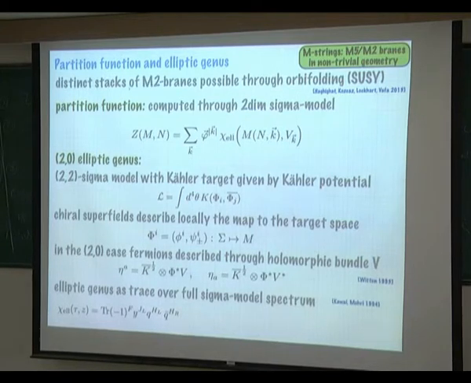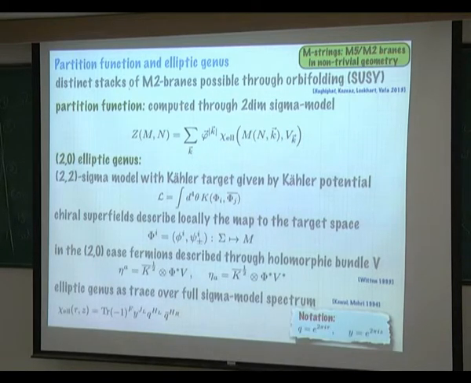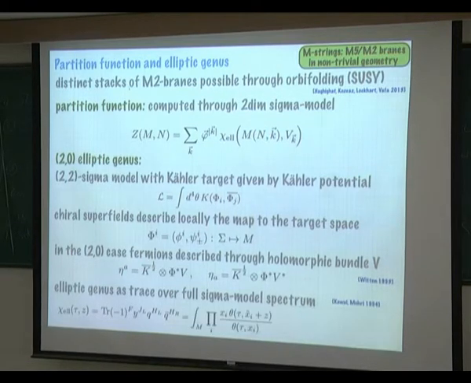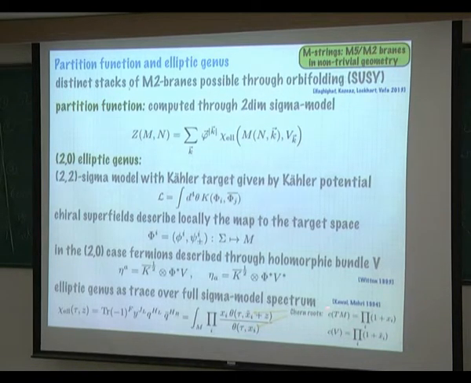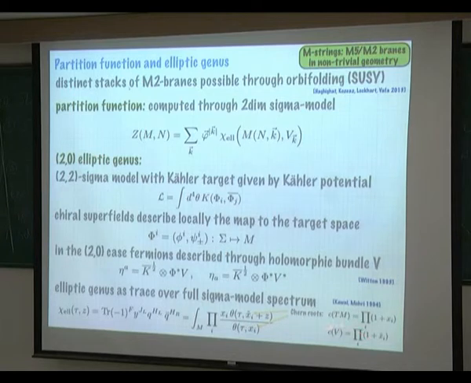The elliptic genus itself can be written as a trace in the usual way, as a trace over this sigma model, where I now introduced q as e^{2 pi i tau} and y as e^{2 pi i z}. And it can be evaluated geometrically as just an integral over the manifold of these theta functions, where the x_i are just the Chern roots, which you obtain by expanding the Chern character either of the tangent bundle of the manifold or of this bundle V. So the bundle V here enters crucially through these x-tildes.